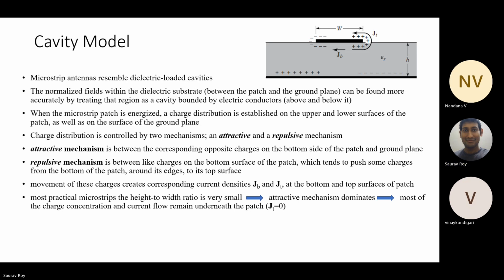So when the patch is energized, a charge distribution is established on the upper and lower surfaces of the patch. That is what it shows with plus and minus signs, as well as on the surface of the ground plane. Even on the ground plane it shows some charge distribution. This charge distribution is controlled by two mechanisms, as has been studied.